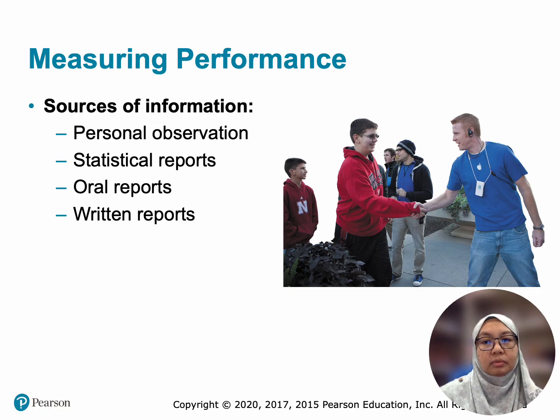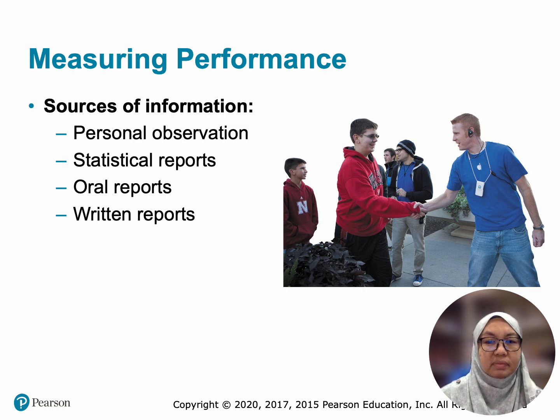To determine actual performance, a manager must get performance records. So the first step in control is measuring. We want to measure what has actually been performed. One source of information to measure performance is personal observation. What is personal observation?